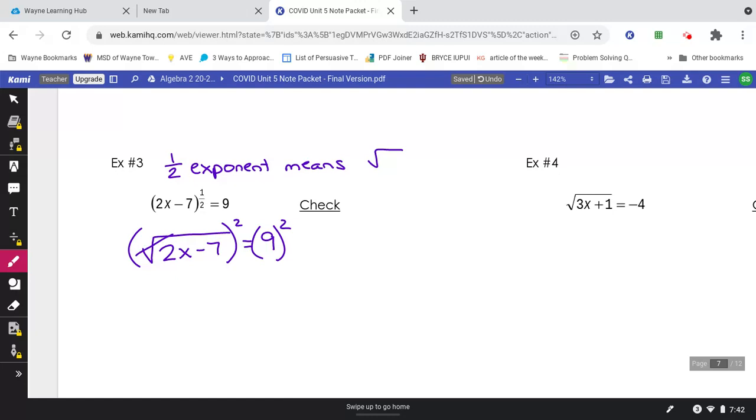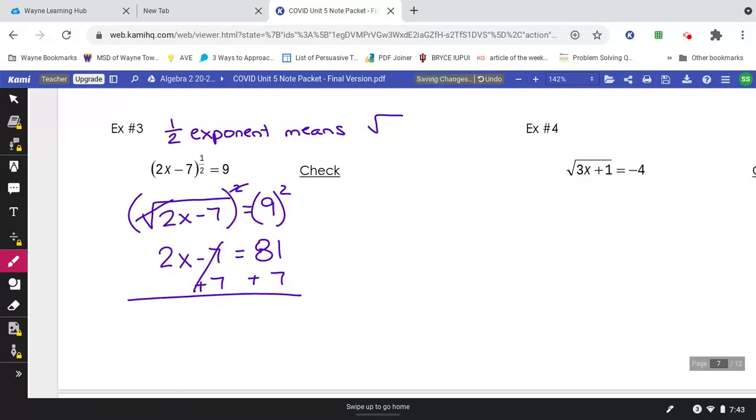The square root and the square cancel, giving me 2x minus 7 equals 81. Then we add 7 to get 2x equals 88. Then we divide by 2. X equals 44.